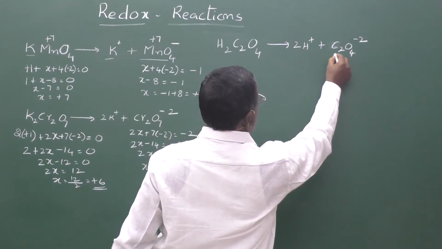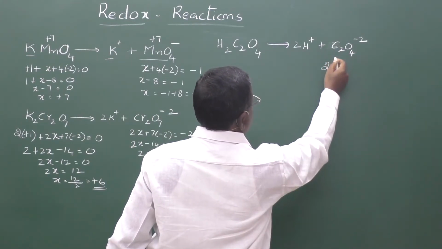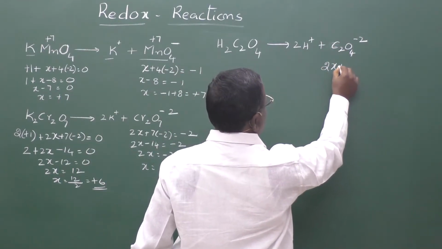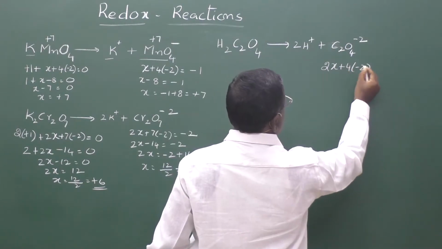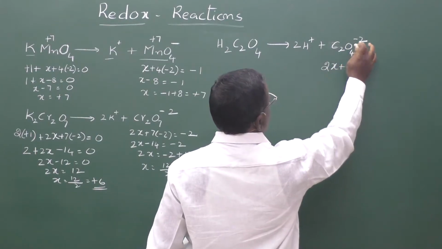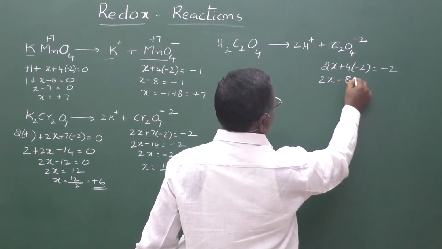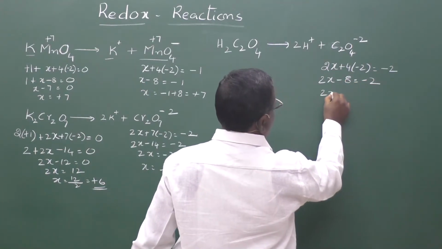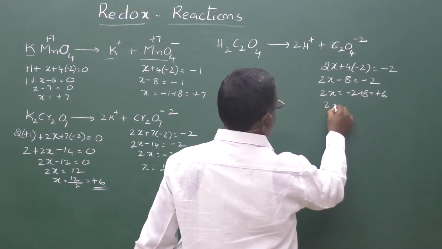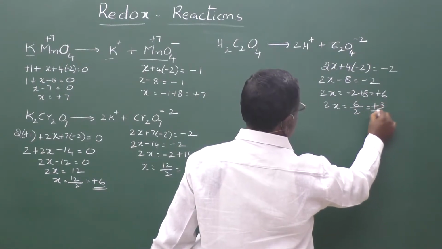In C2O4 2-, the carbon oxidation state we have no idea, so let it be X. 2 carbons, 2X, plus 4 oxygens, each oxidation state -2, and the sum of the oxidation states of carbon and oxygen is -2. So 2X - 8 = -2, 2X = -2 + 8 = 6, X = 6 by 2, that is +3.